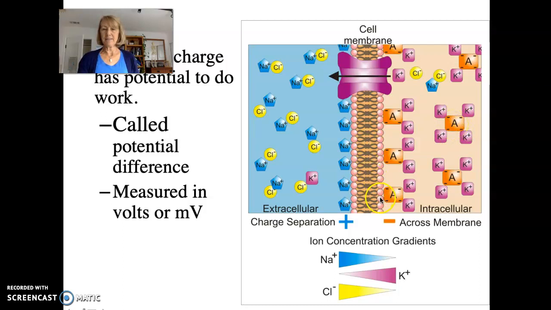Lots of negative stuff going on. And then lots of these potassium ions that are positive. A few little chlorine and one little sodium guy. If you compare that to the other side, very different in the quantities of those ions. On the outside of the cell, many sodium, lots of chlorine, and a tiny bit of potassium.